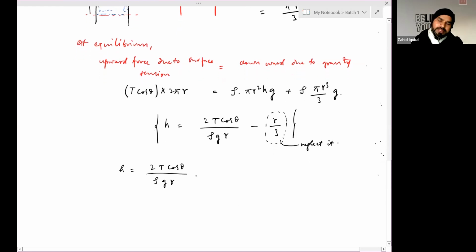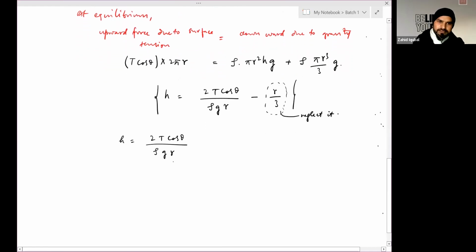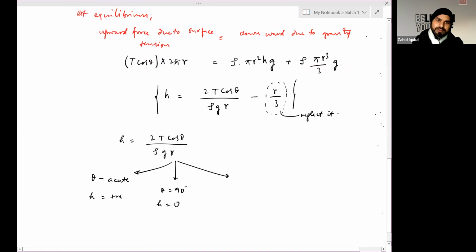So depending upon this theta, we may define: if theta is acute, cos theta will be positive, so h will be positive. If theta equals 90 degrees, cos 90 will be 0, so h will be 0. And if theta is obtuse, cos theta will be negative, so height will be negative.